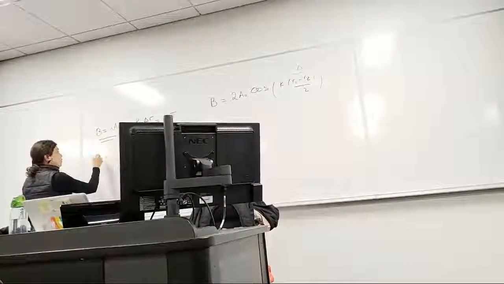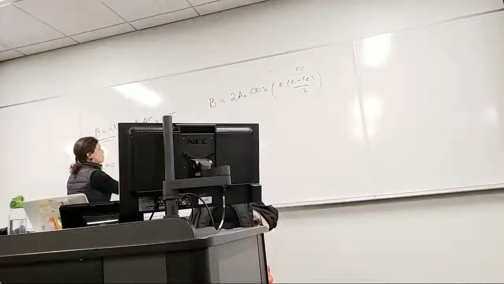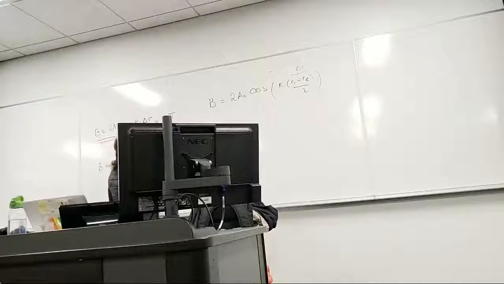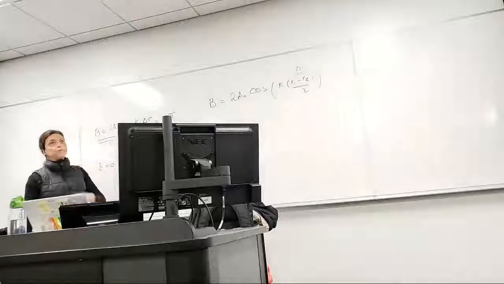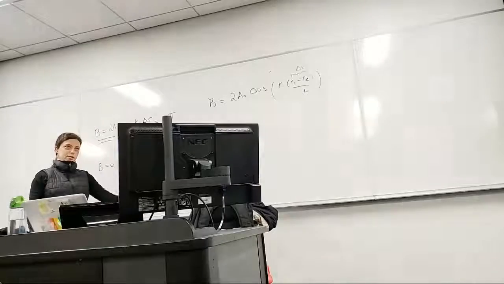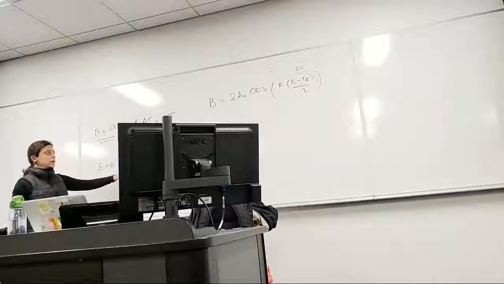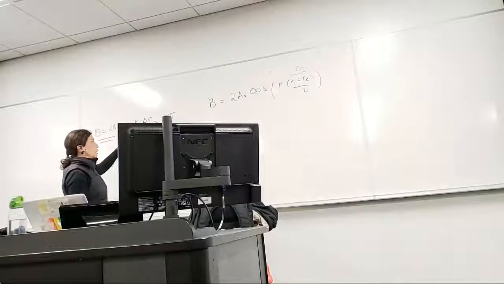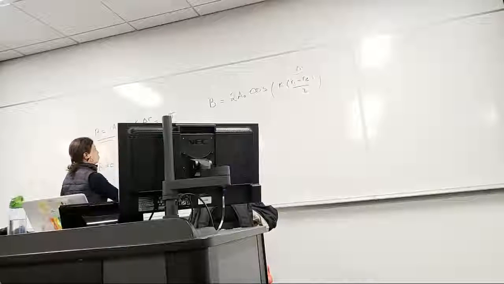Now, interestingly, when B is equal to 0, k delta r over 2 becomes an odd number of pi over 2, right? Pi over 2, 3 pi over 2, 5 pi over 2, etc. This gives you a 0. Now you can work yourself backwards in terms of lambda, because you can say k is equal to 2 pi over lambda.